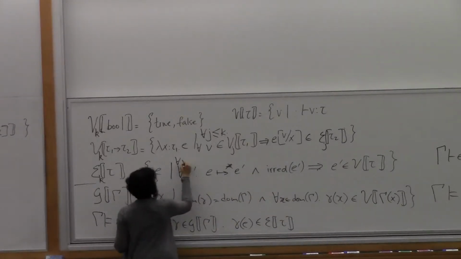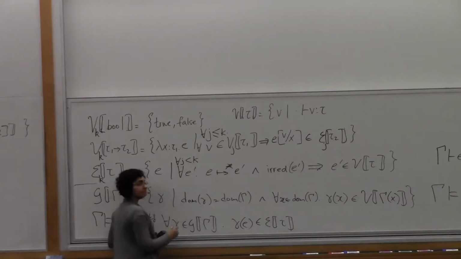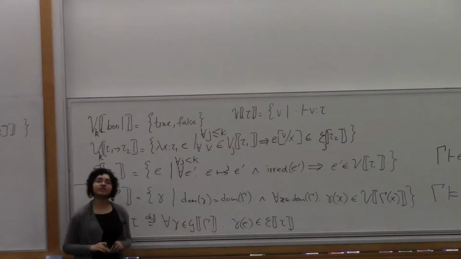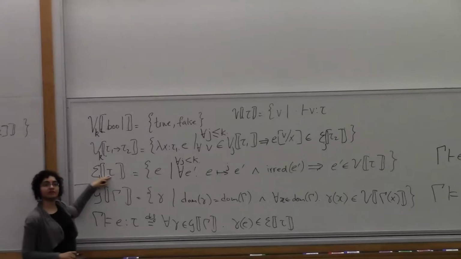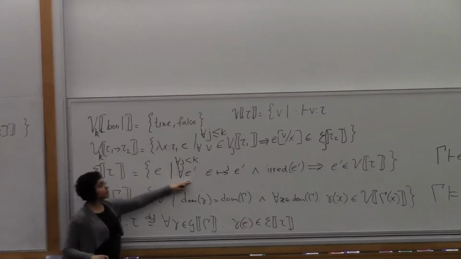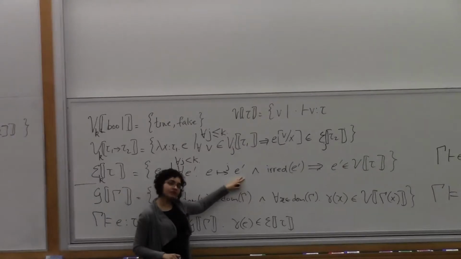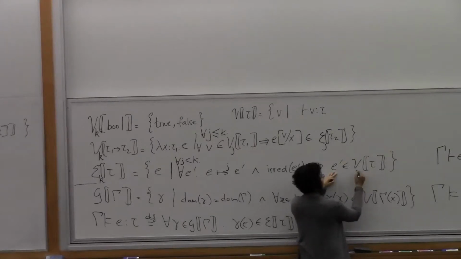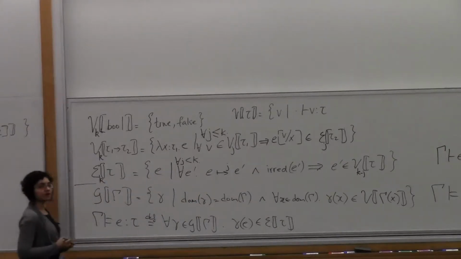Suppose that for some j strictly less than k, E reduces to E prime in j steps. Okay, so I started out trying to figure out if this expression behaves like this type for k steps. I started out with k. I used up j of those steps to get to this irreducible point. Now how many steps do I have left? K minus j. So my E prime should behave like a value of type tau for k minus j. Okay?